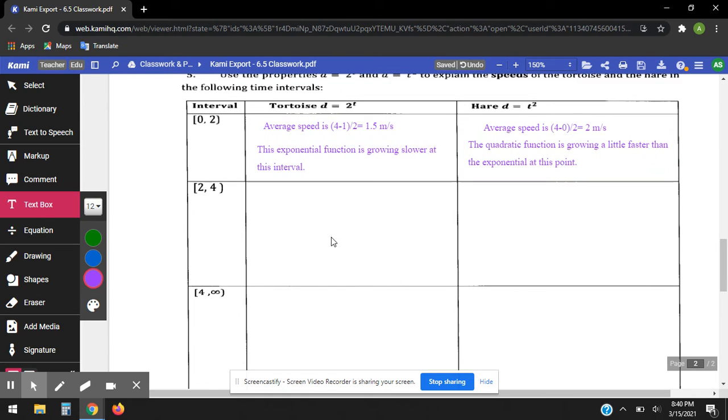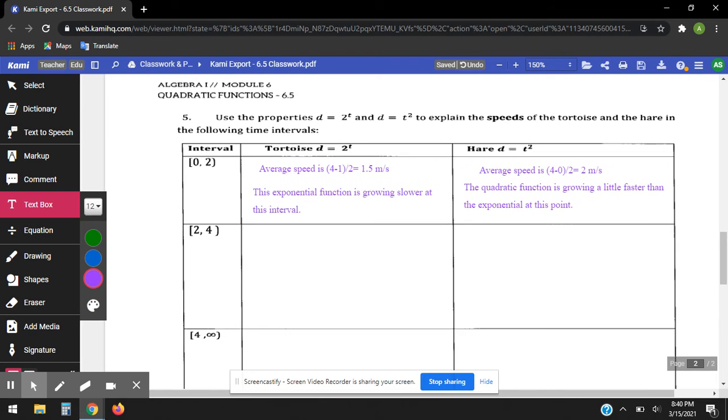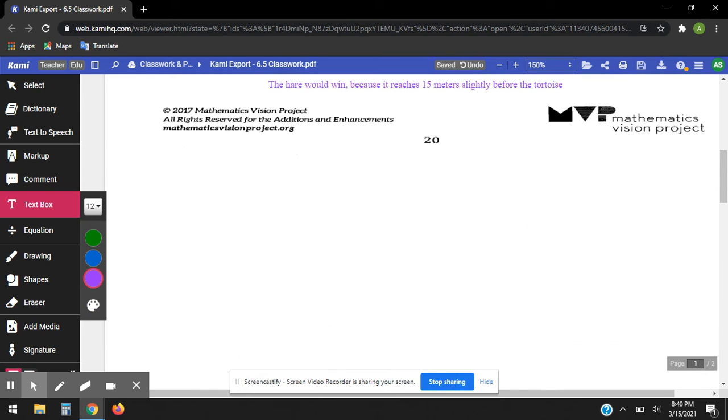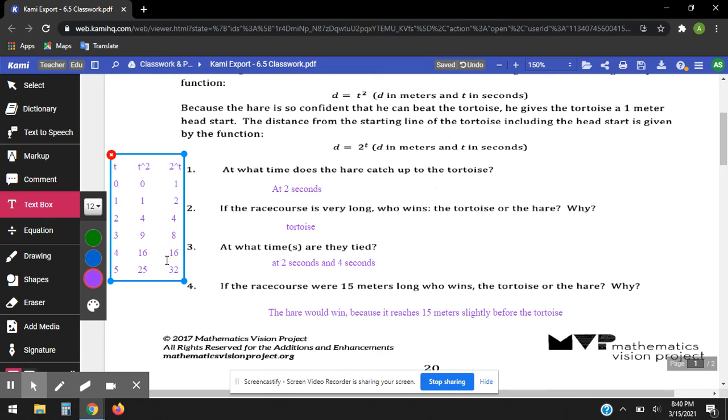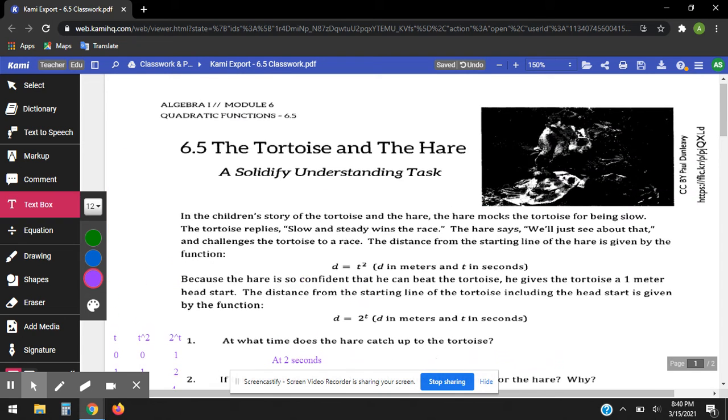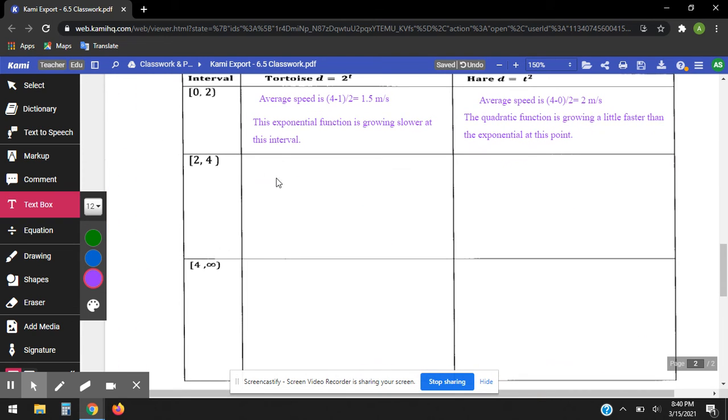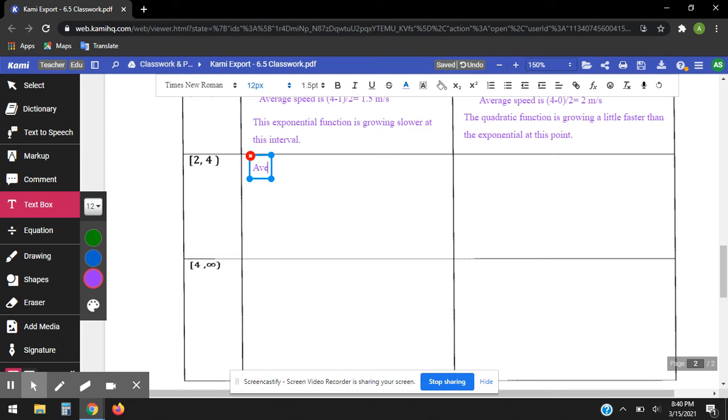Okay, so what about from 2 to 4? So the tortoise, 2 to the t, from 2 to 4 is going 16 minus 4 in those 2 seconds, right? So average speed is 16 minus 4 divided by 2. So that's 12 divided by 2, so that's 6 meters per second.